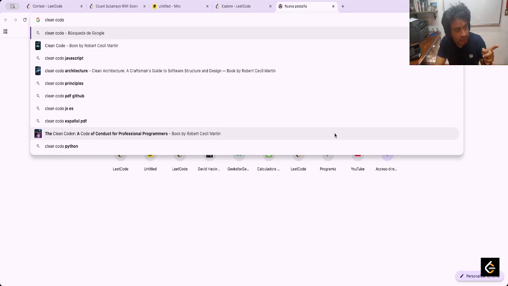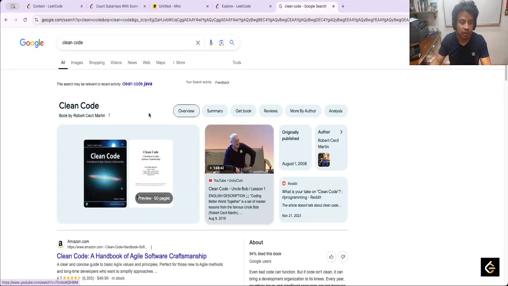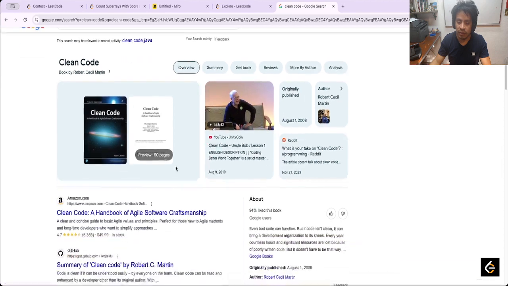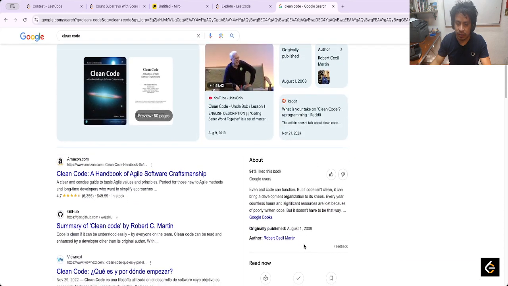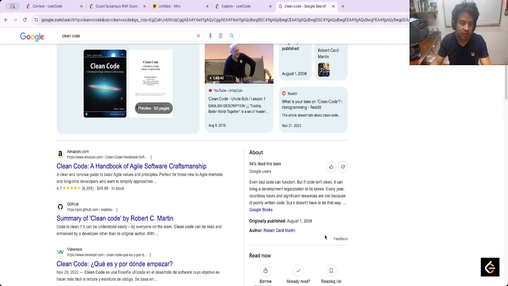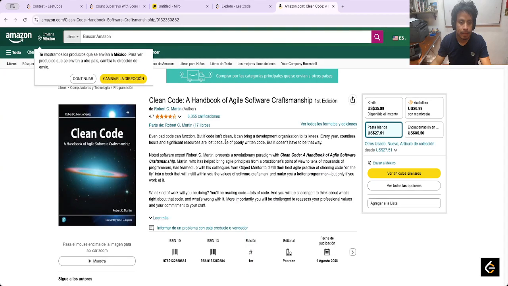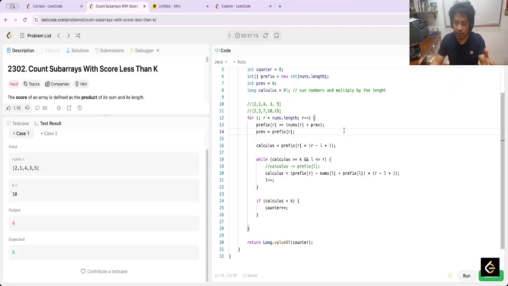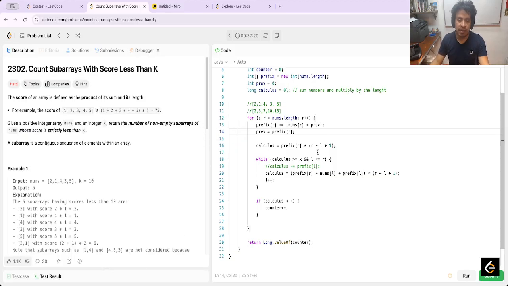I think that I have this book physically. It's by Martin Fowler, if I don't remember wrong, Robert Cecil Martin. Yeah, this is a very useful book. But again, I don't recommend you read all the book. I recommend more a summary of this book or one post about it, which explains how to have clean code exactly. It's a good practice in general.